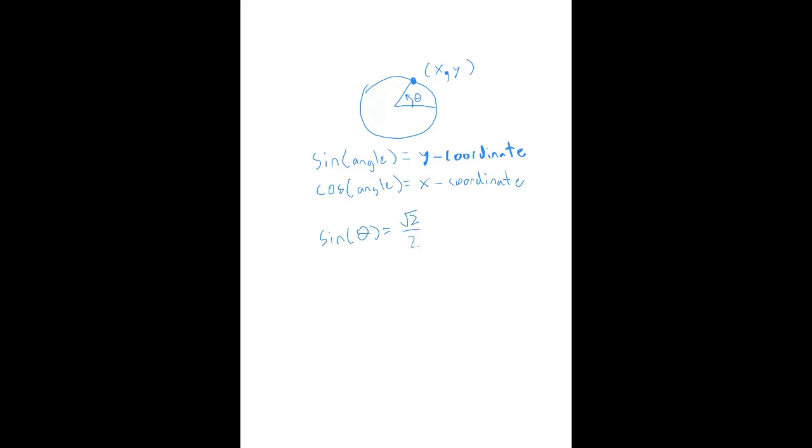Let's say I knew this much, but I wanted to figure out exactly what theta is. What is theta? Well, if we look at our unit circle, we can immediately see at least probably the quickest solution that we identify is pi over 4.